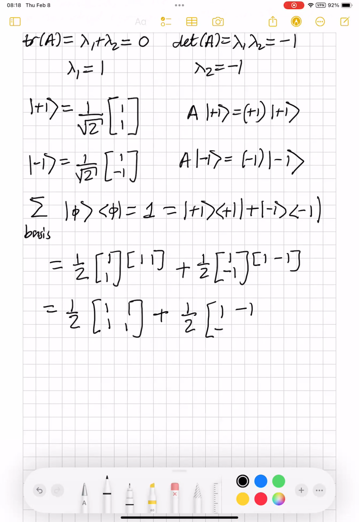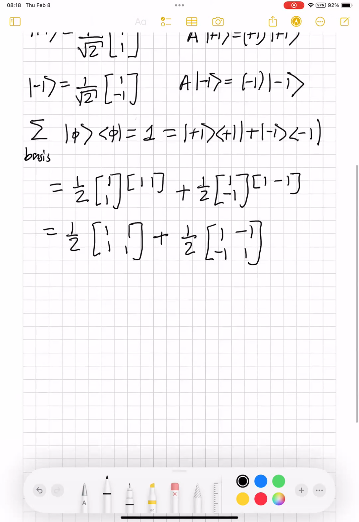Make sure I didn't make a mistake. And if we now add the two terms, the off-diagonal terms sum to 0, and the diagonal terms sum to 1. So that's lovely. Indeed, we did get that the completeness relation holds.